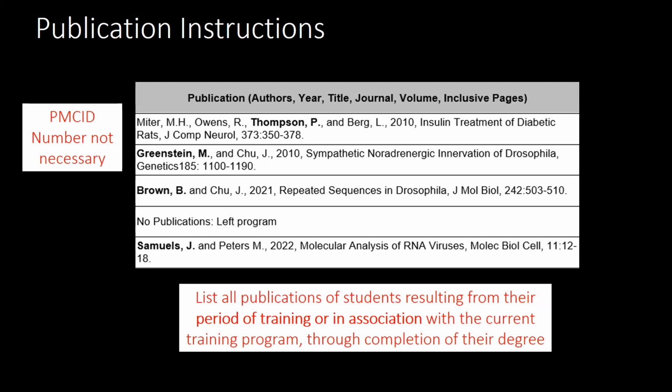So say if they come in 2021, they leave in 2022, but something gets published in 2023, that really was science from 2022 when they were actually in the program. So the date is technically after they left. However, it is resulting from research when they were actually in training.